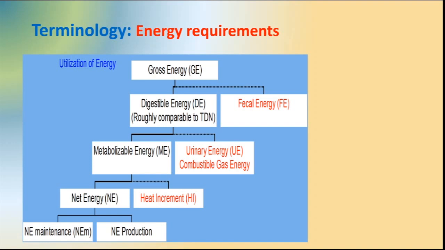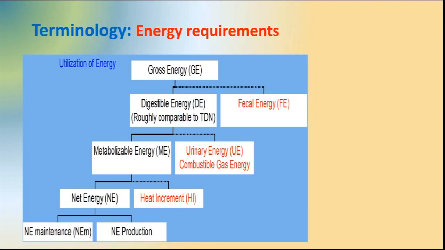Then from metabolizable energy, if we subtract heat increment, we get the value of net energy. Heat increment is the waste heat produced during digestion, absorption, and metabolic activities. This heat does not provide any sort of nutrition to the body except having some warming effect during cold weather.